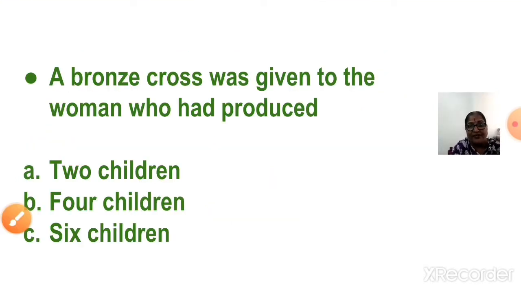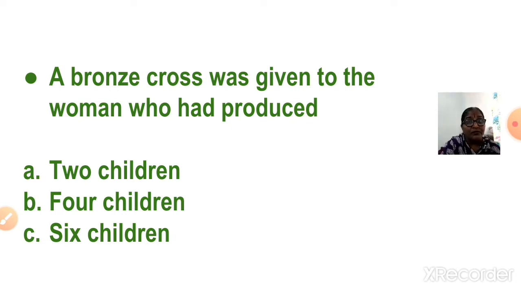Okay, this one is very easy. A bronze cross was given to the German woman who produced 2 children, 4 children, or 6 children. We all know Hitler encouraged women to produce more and more pure Germans, children of the German race.